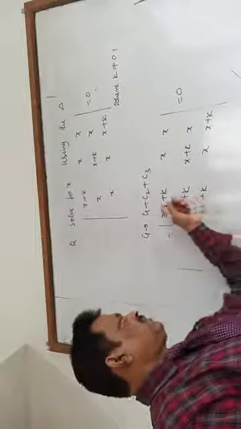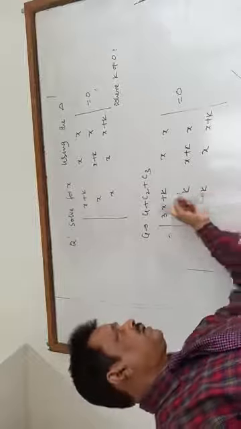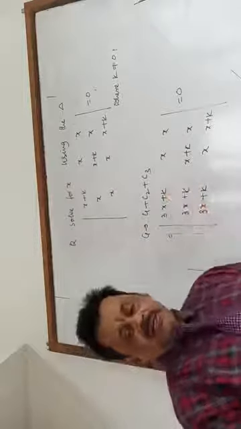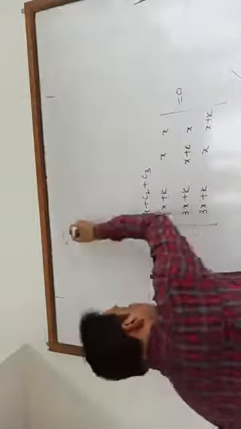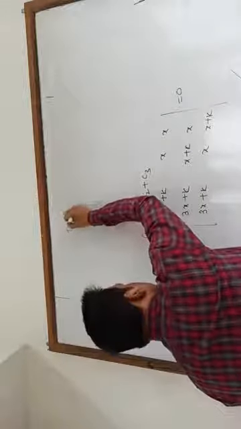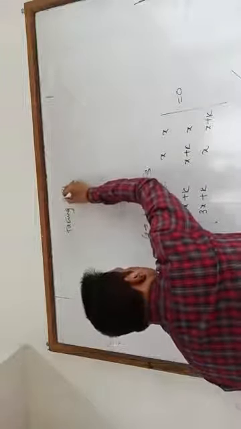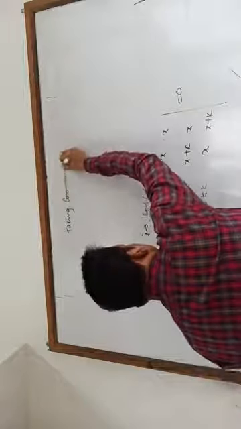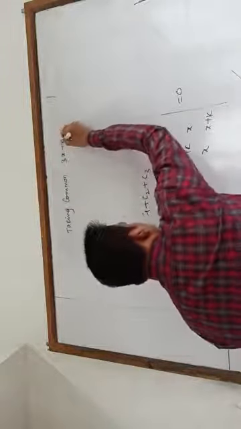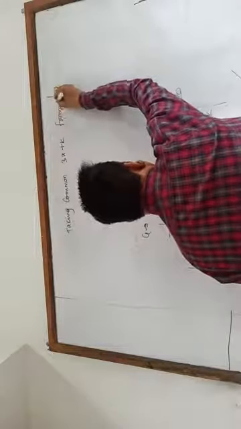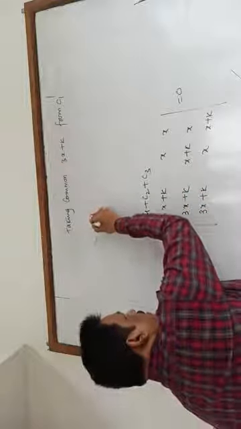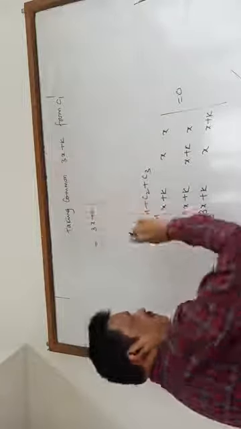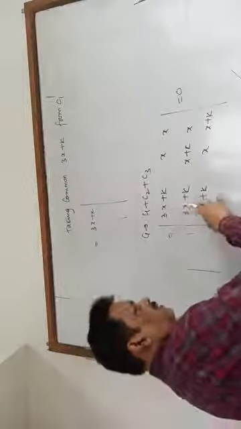What common can you take? 3x plus k is common you can take from column number 1. So taking 3x plus k out, you get 1, 1, 1.